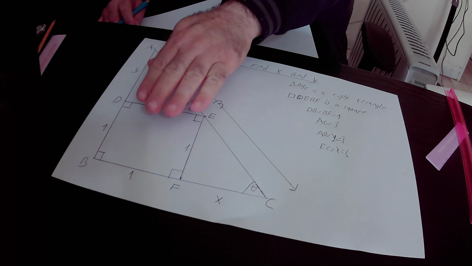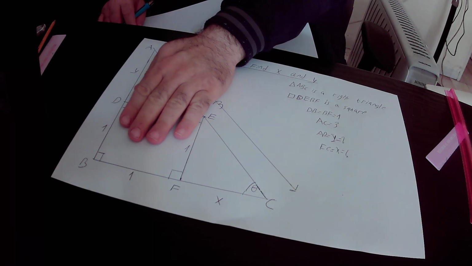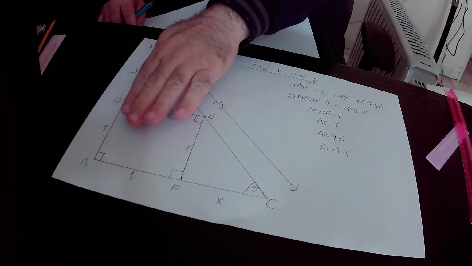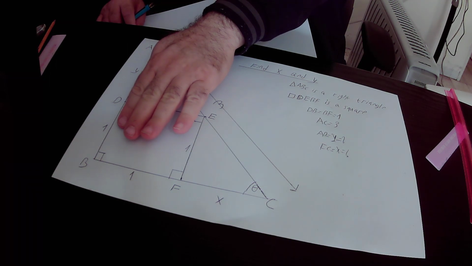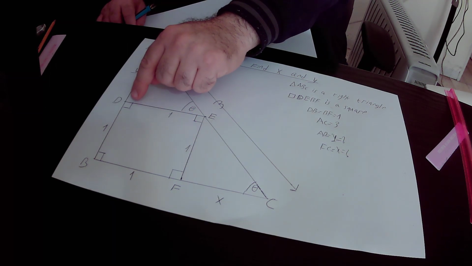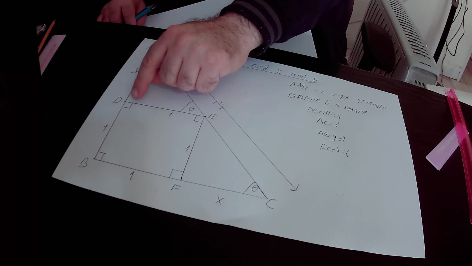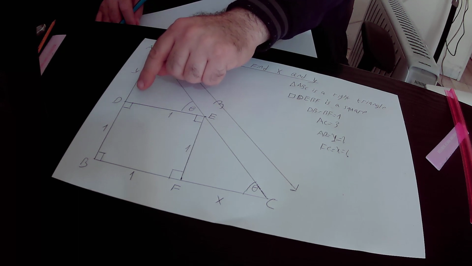And if we focus on this side of the straight line AB at point D, then the sum of the angles must be equal to 180 degrees.